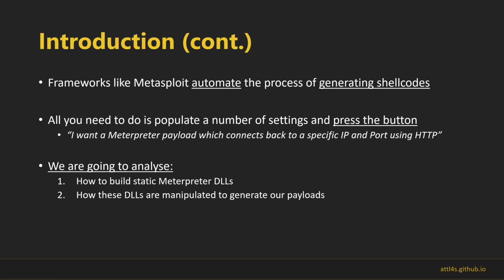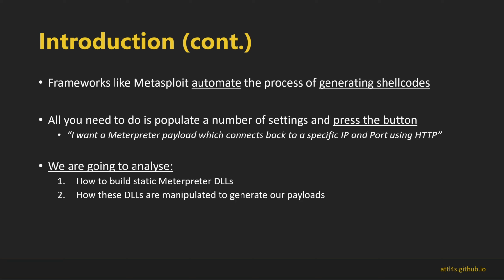For example, Metasploit automates this in a way where you can set a different set of settings or a configuration. You press generate, and then you have your shiny shellcode, Meterpreter shellcode.